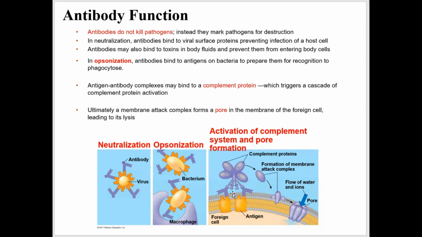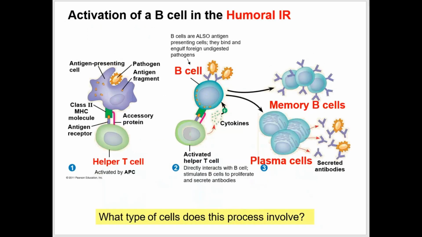So that way macrophages or phagocytic cells can better recognize where those pathogens are. And then, as we talked about before, the complement system is able to form pores in the pathogenic cells. So they embed these proteins one by one, and then when you have a pore in the membrane, obviously traffic can no longer be regulated and homeostasis is not maintained, so the pathogen is going to be neutralized, is going to die.